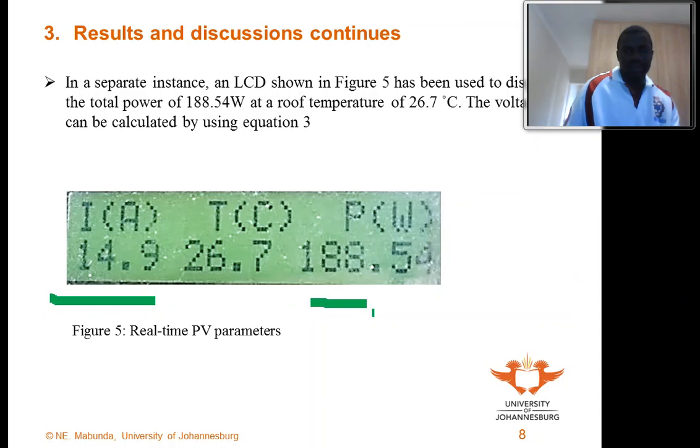So with that you can work out what the voltage is by taking the power and dividing by the current, and the temperature is at 26.7. So these are the conditions. Of course, the temperature will have an impact on these results. You might come and see the temperature stating 6.7, and then it drops the power, it drops everything.